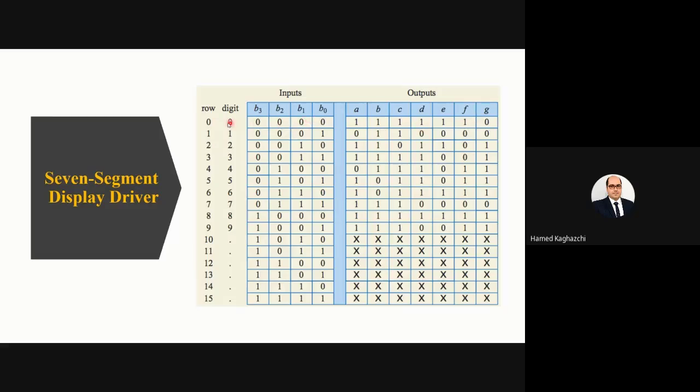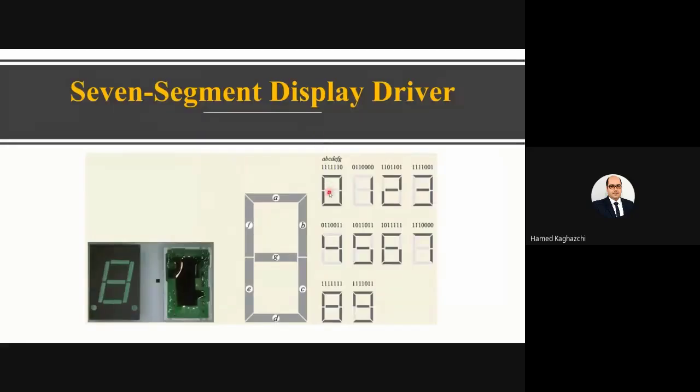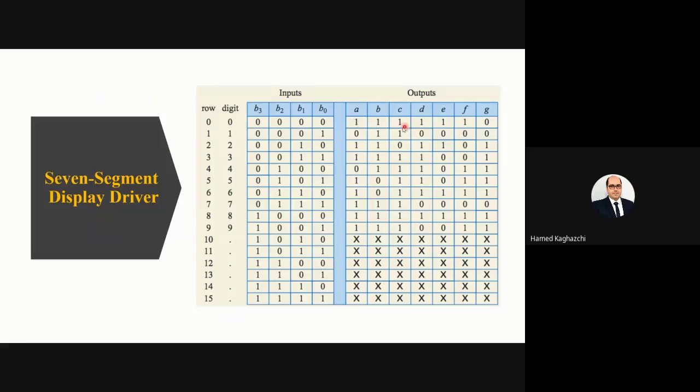For example, if my number is 0, I will have 0, 0, 0, 0 at the input. In the output, A, B, C, D, E, F will be 1, and G will be 0.